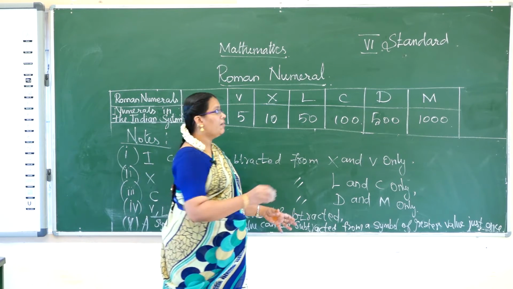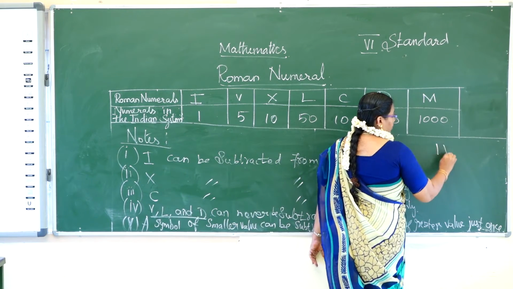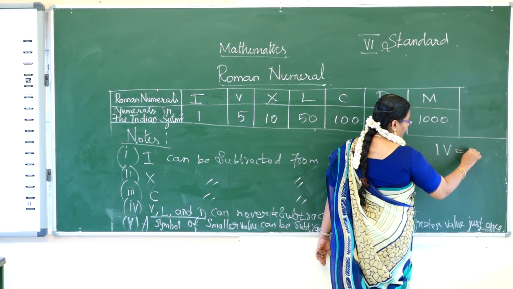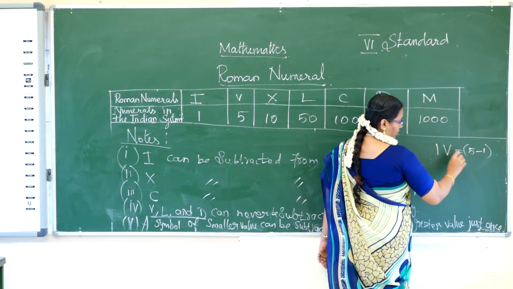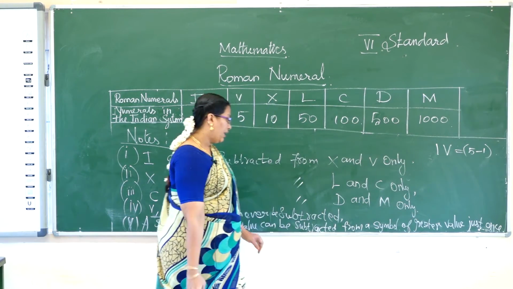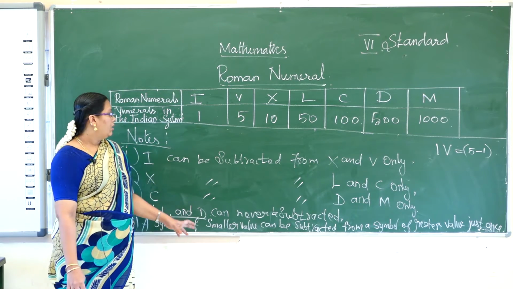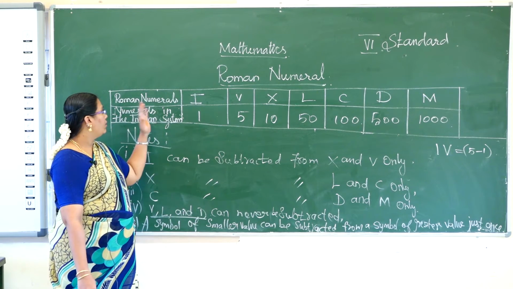Okay. So, for example, 4 is given by just one time only, 5 minus 1. So, just one time only you can subtract the smaller value. Okay. I hope you all understand the Roman numerals.